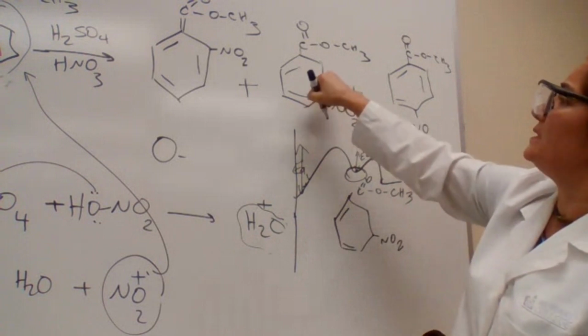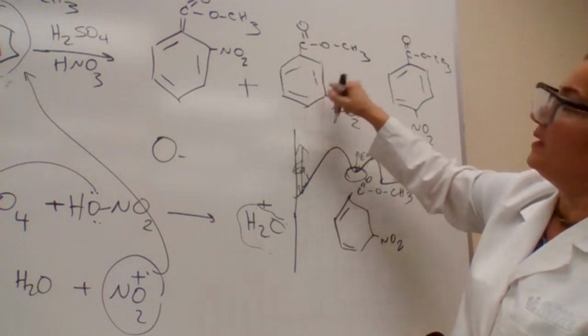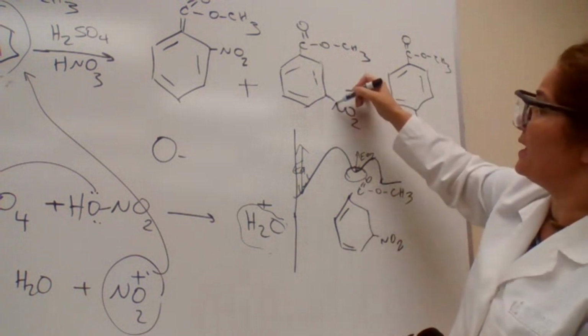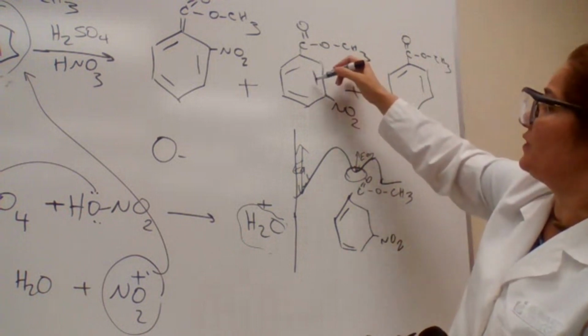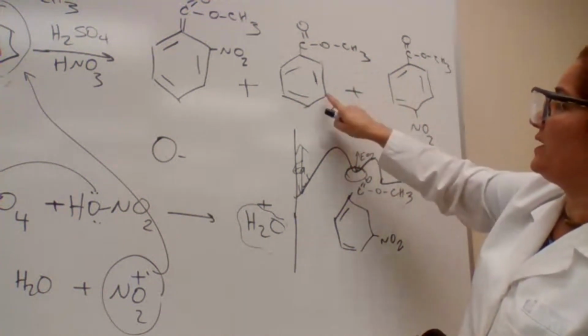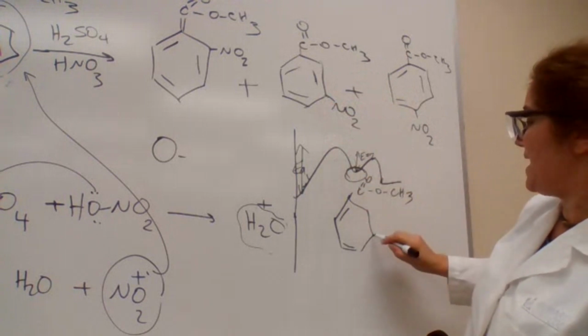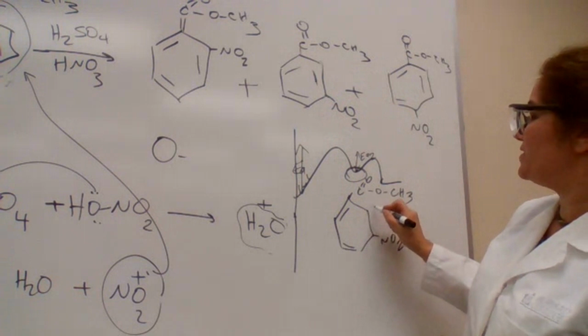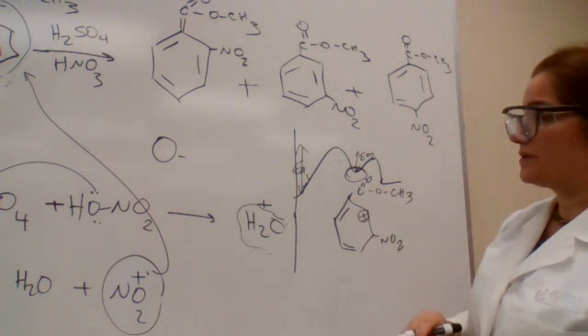Since this carbon is losing a pi bond, this carbon is going to be unaffected. It's not going to gain charge, because this electron that is moving from here to this position is still shared for this carbon. So this carbon still has the 8 electrons, but the adjacent carbon is going to be plus charge.